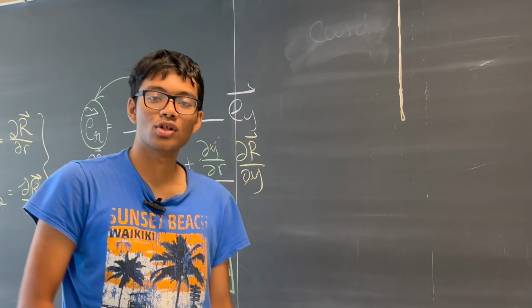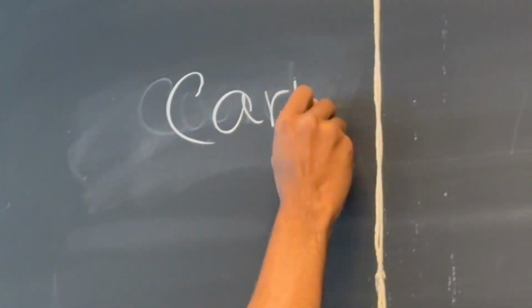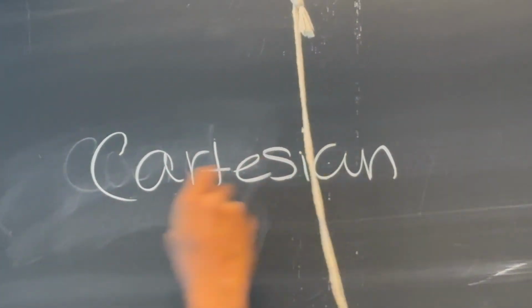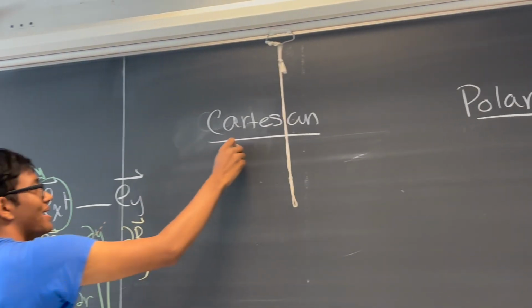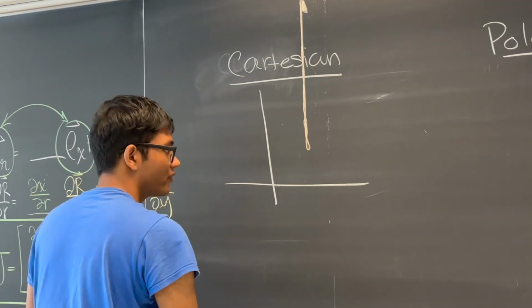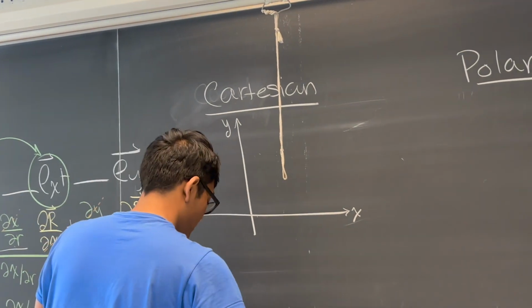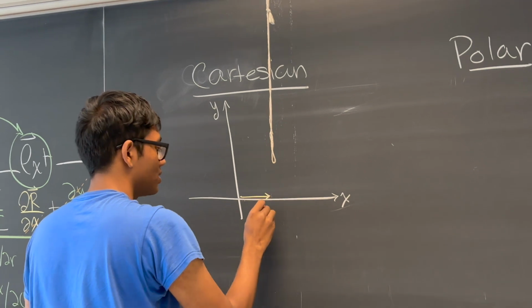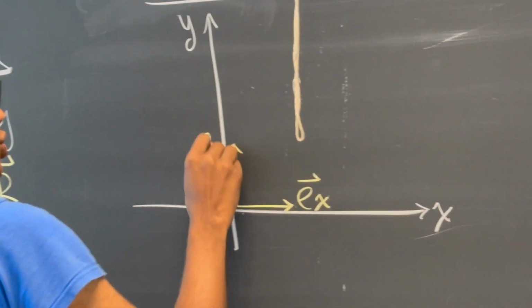All right, so now let me show you a concrete example of how to switch between Cartesian and polar coordinates. In the Cartesian coordinate system, I have two basis vectors. First of all, I have an x coordinate and y coordinate, and I have an E sub x, also known as i hat, and an E sub y, also known as j hat.